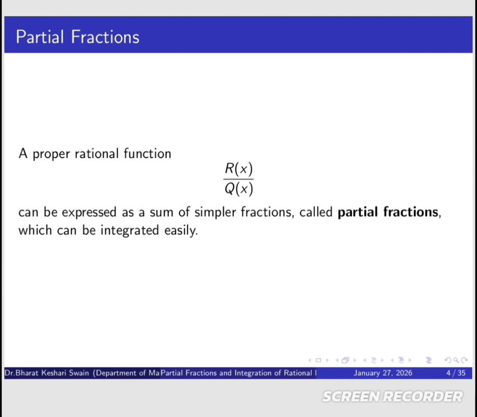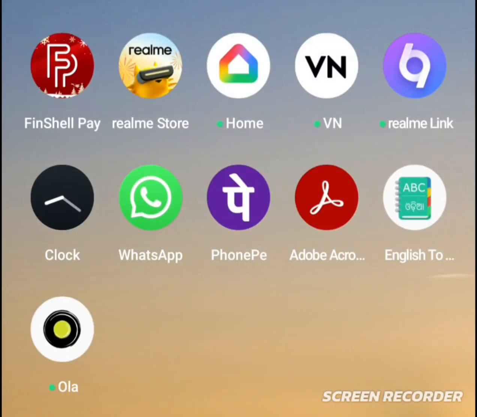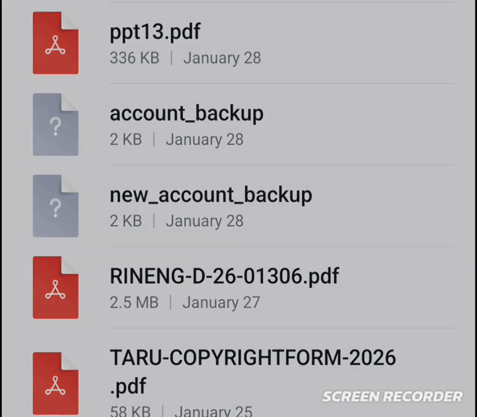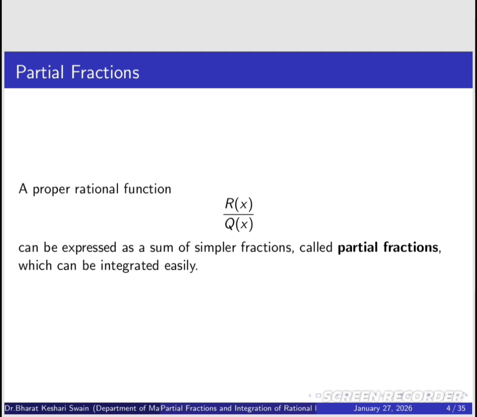We can write the proper rational function r of x divided by q of x as a sum of simpler fractions, and that is called partial fractions, which can be integrated easily.